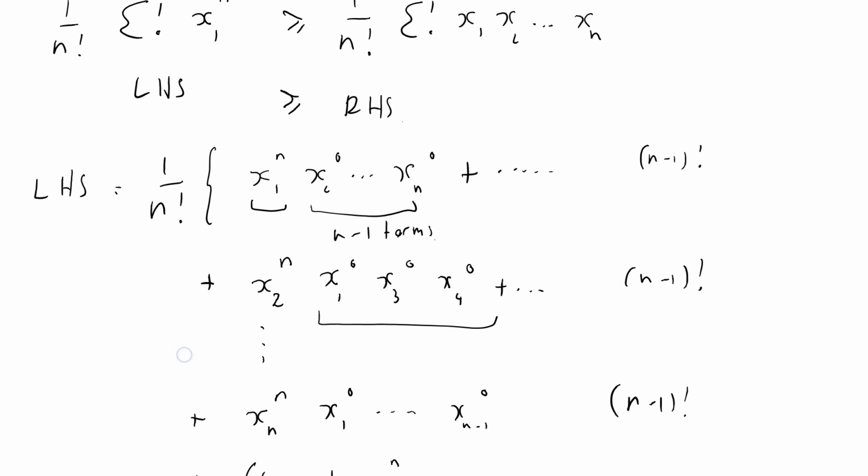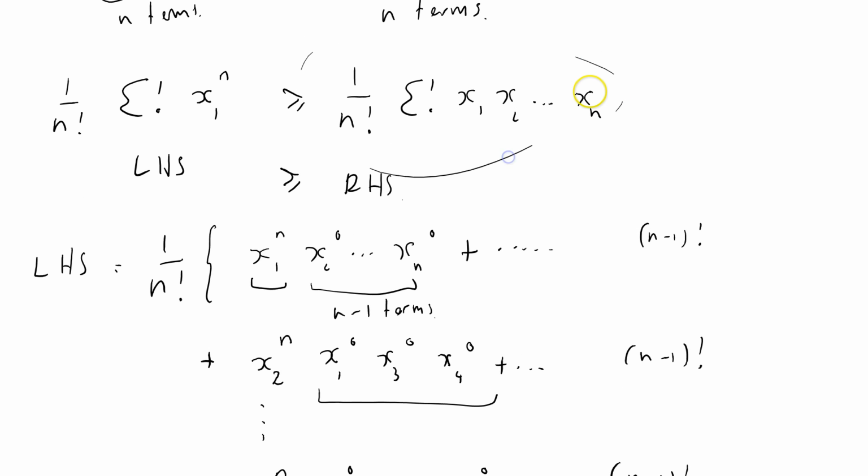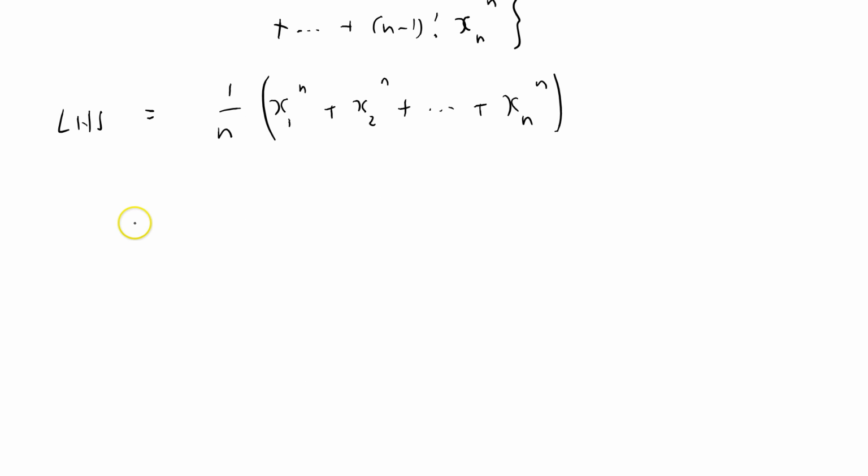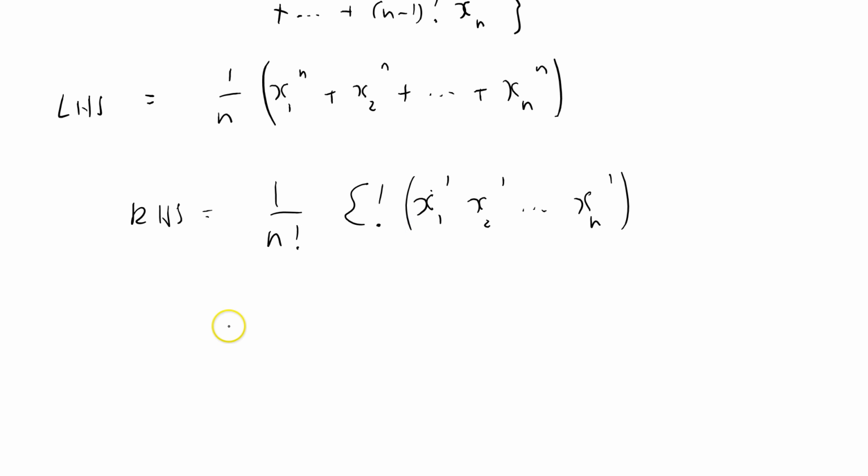That's 1 over n factorial times that lot. So the right hand side equals 1 over n factorial times sigma over permutations of x1 to the 1, x2 to the 1, dot dot dot, xn to the 1, which equals 1 over n factorial times, well, it doesn't matter how you arrange those x's, x1, x2, x3, up to xn, they're all to the same power.